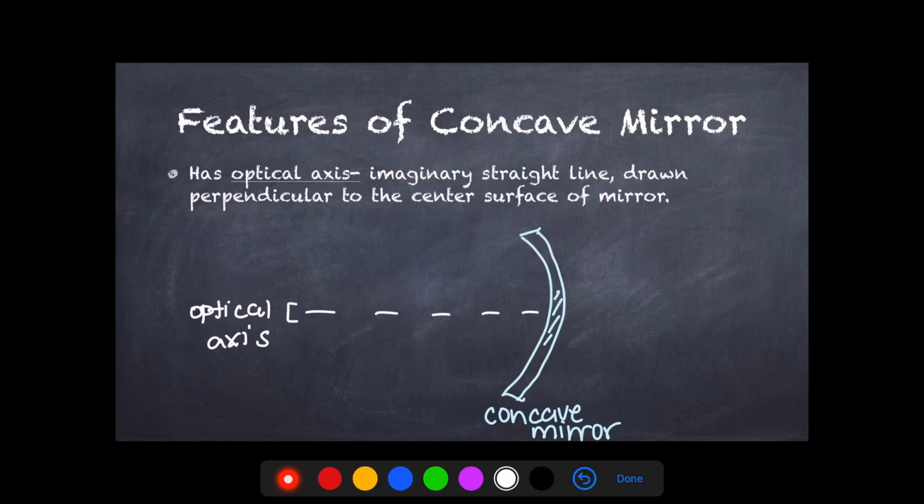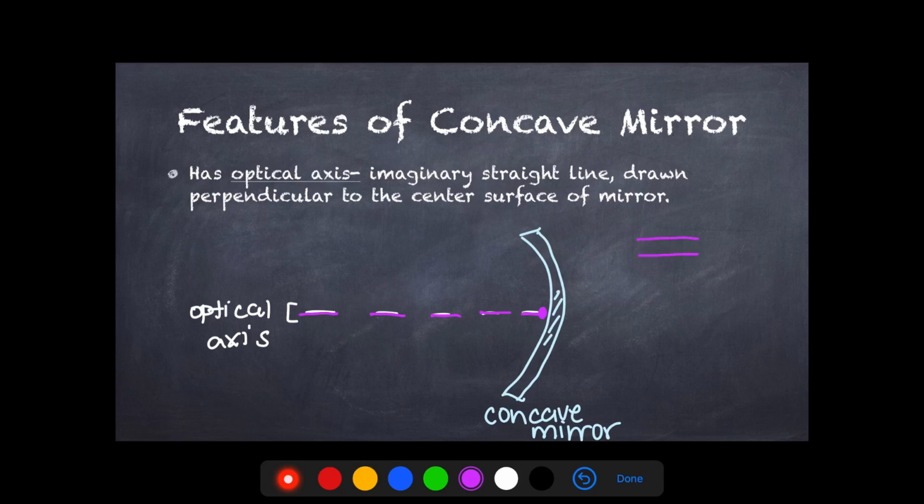What is an optical axis? Basically, an optical axis is an imaginary line that is super straight, and it's drawn perpendicular to the center of the surface of the mirror. So if I decipher this, here's the center of the concave mirror, and I'm going to have an imaginary line that travels to the center of the mirror in a perpendicular way.